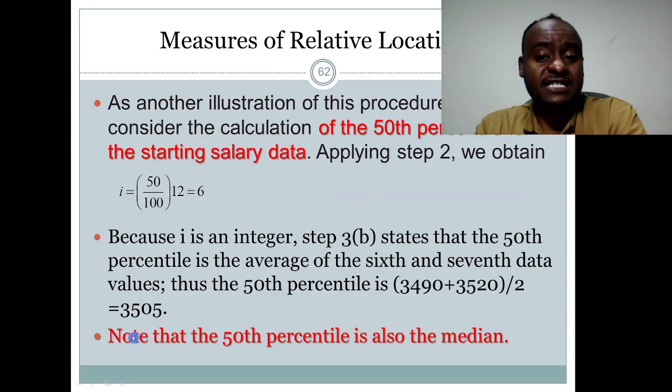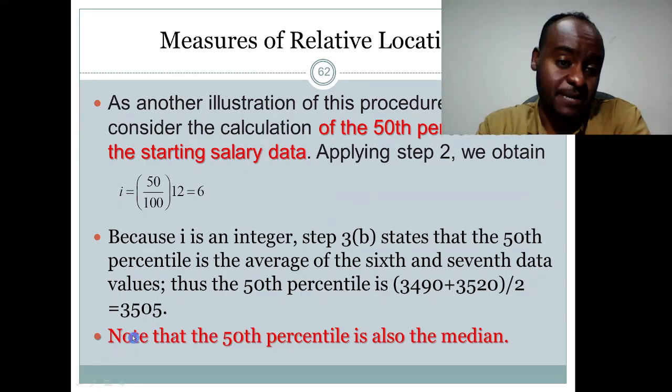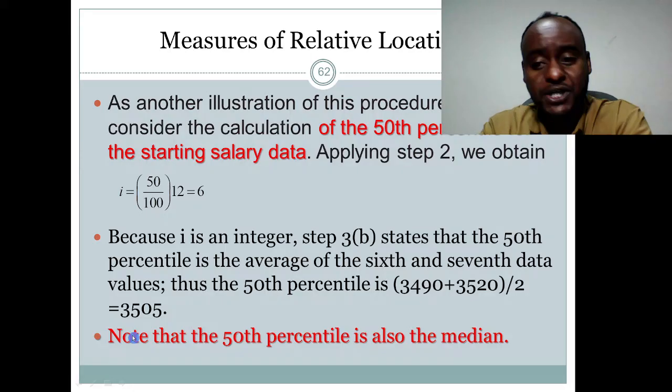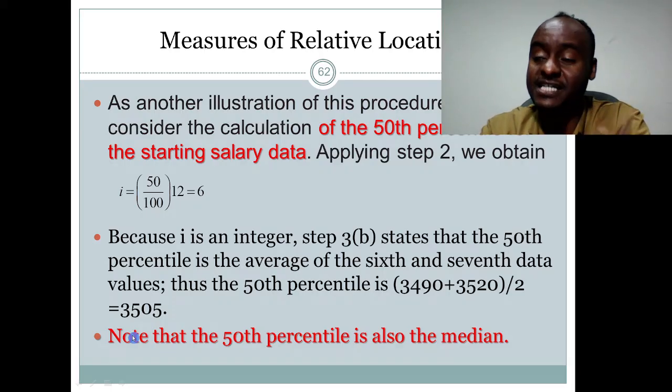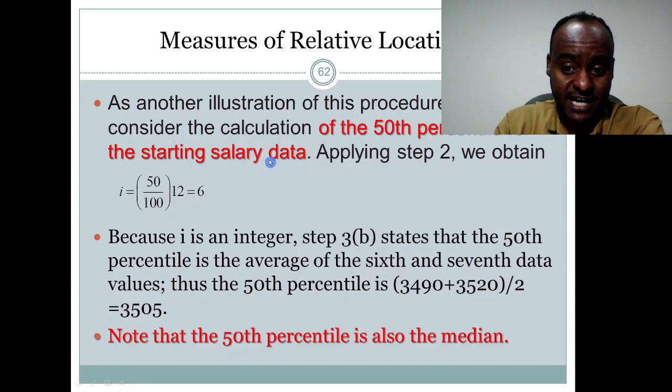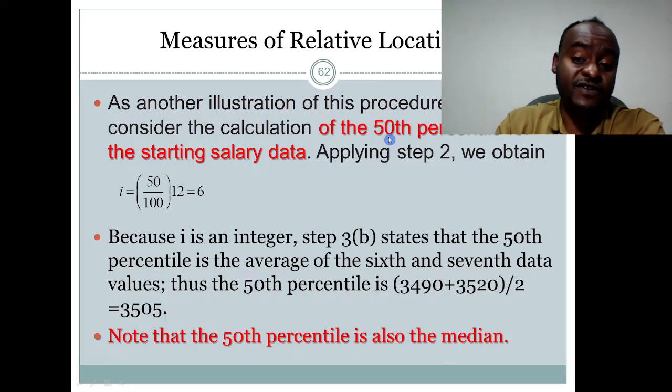As another illustration of this procedure on measures of relative location, let us consider the calculation of the 50th percentile for the previous starting salary data. Applying step 2, P is 50, and the number of observations is 12.